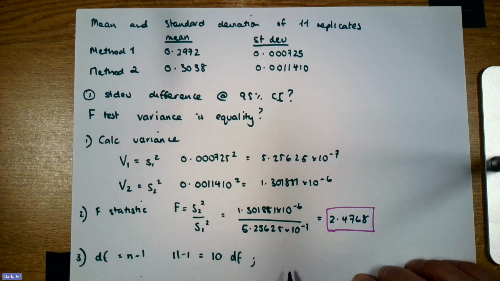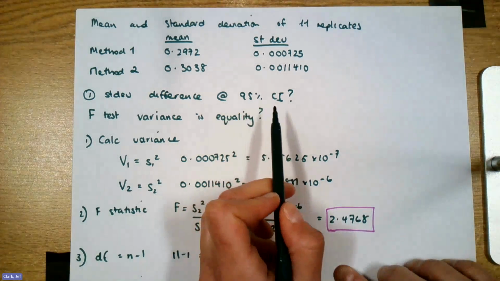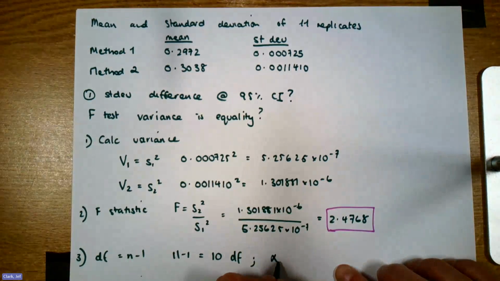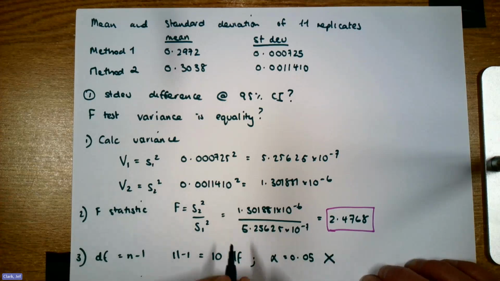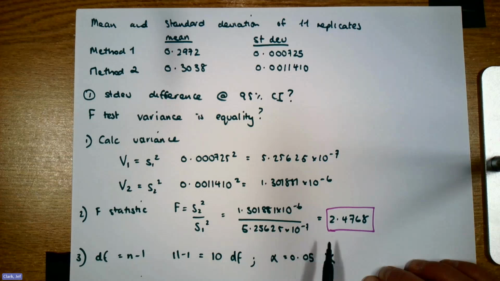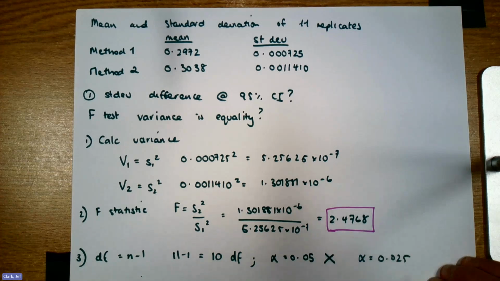What that means is, although in our statistic table we might be thinking that because it's a 95% confidence interval we'd be using an alpha of 0.05, remember, because it's two-tailed, half of our value has to go on one side, half of it has to go on the other side, so we're going to use the alpha parameter for 0.025.